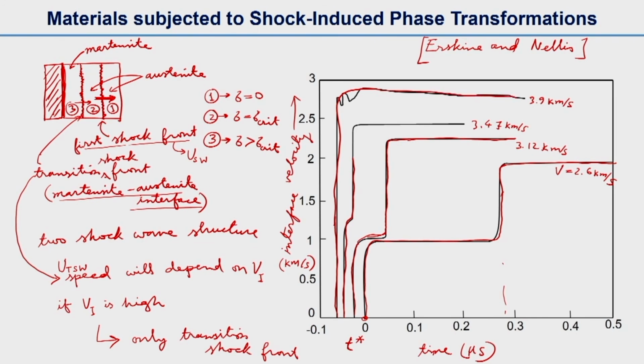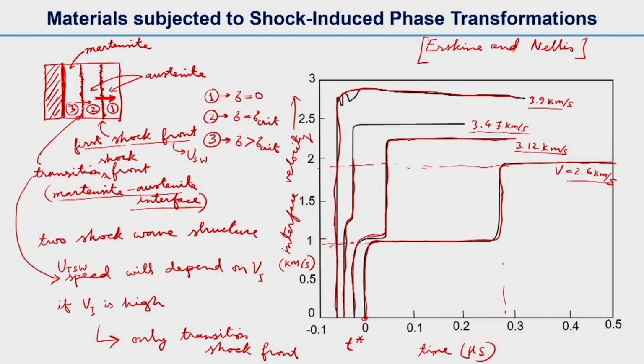So this means that you have two interface velocities, one corresponding to below 1 kilometer per second, another below 2 kilometer per second, or similarly for the other two, 3.12 kilometer per second impact velocity and 3.47 kilometer per second impact velocity. To remind you again, these velocities, 2.6 or 3.1 to 3.47, are impact velocities, and the interface velocities produced from them are on the y axis.